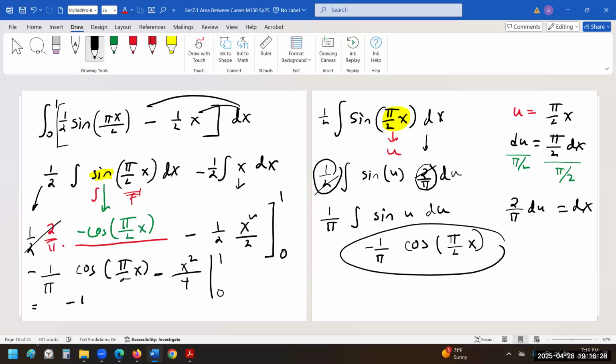So we have negative 1 over pi cosine pi over 2, minus 1/4. We are subtracting when you evaluate at 0. So the negative becomes positive 1 over pi cosine 0, and then this other thing becomes 0.